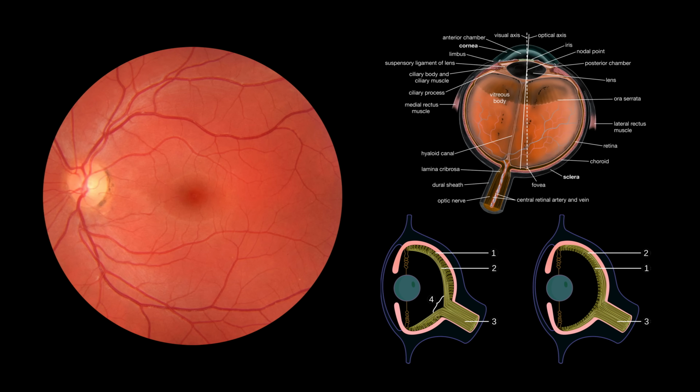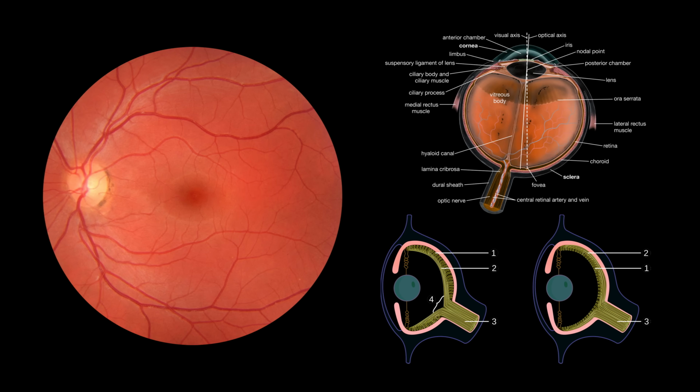As the light enters, it is refracted by the cornea and the lens and travels towards the retina, which is at the back of the eye, and eventually meets the optic nerve that connects to the retina. Now, on the left, you are seeing a real picture of a human eye, and that bright spot is the optic nerve.